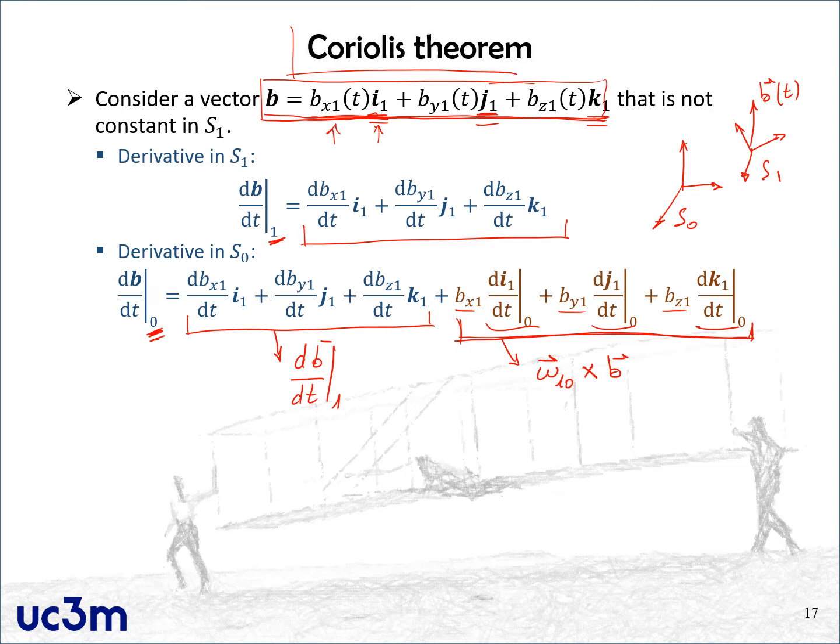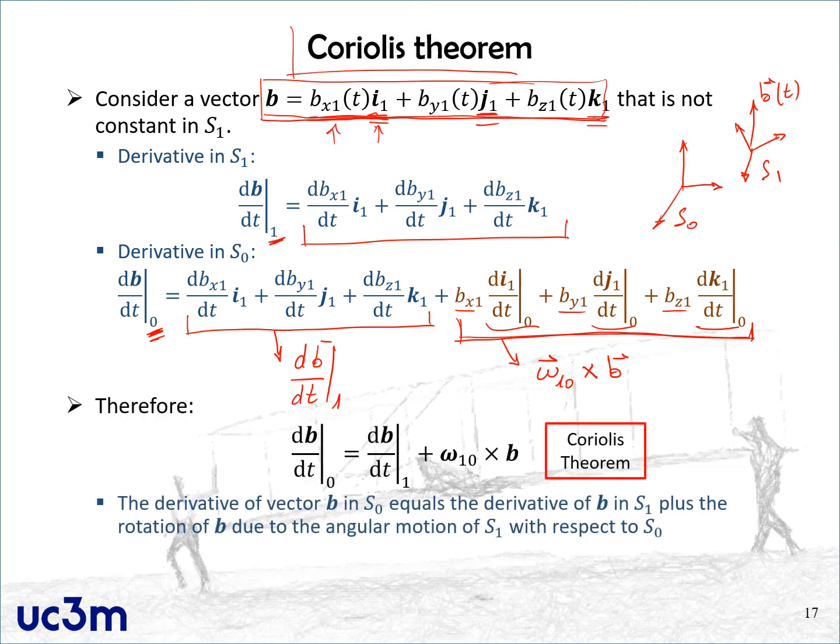Indeed, this is what we have here now. This is the relation between the derivatives in vector basis 0 and vector basis 1. You see that the two derivatives are essentially the same, except for this rotational term that appears on the right-hand side. This is what we call the Coriolis theorem, all right?